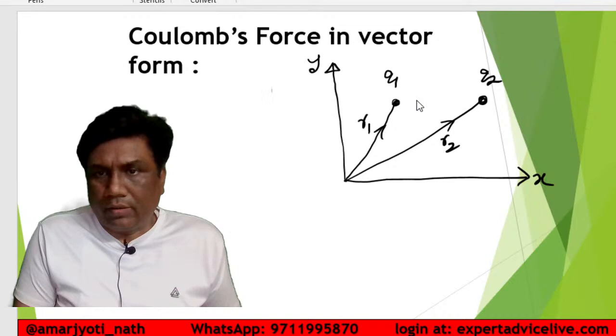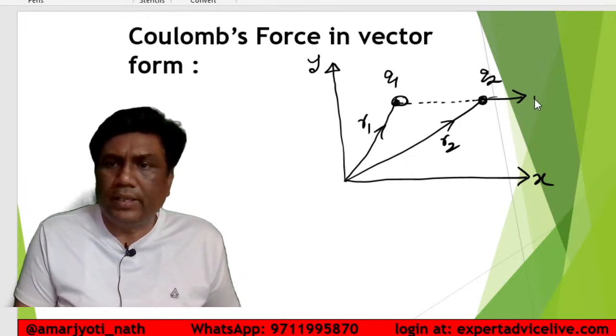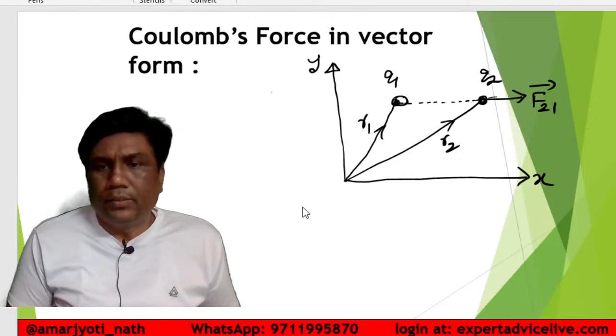So for the force on 2 by 1, charge 1 will repel it, which means the direction will be in this direction.